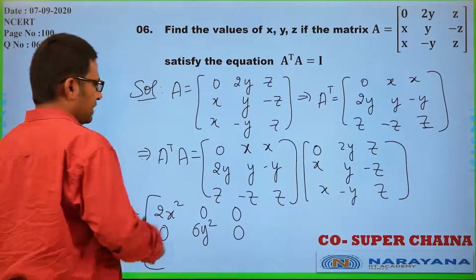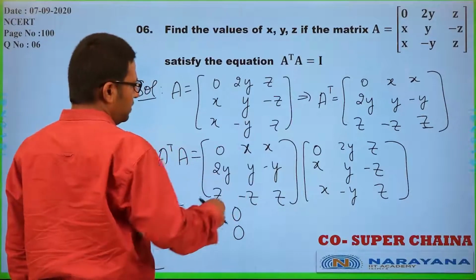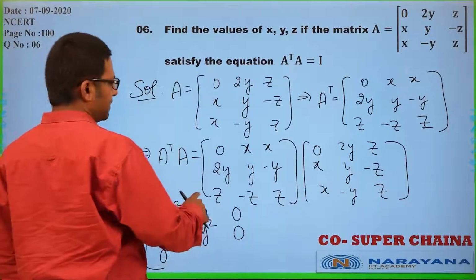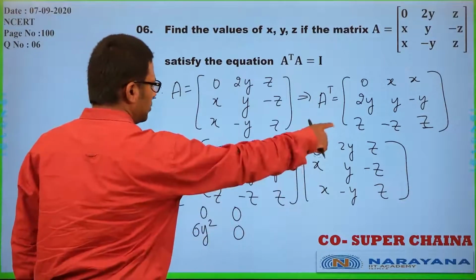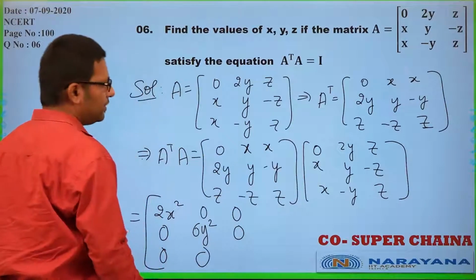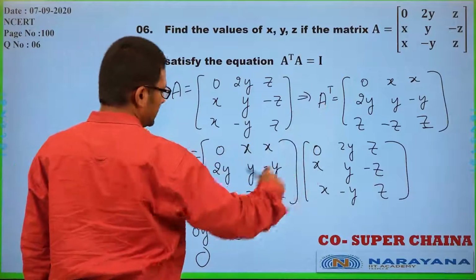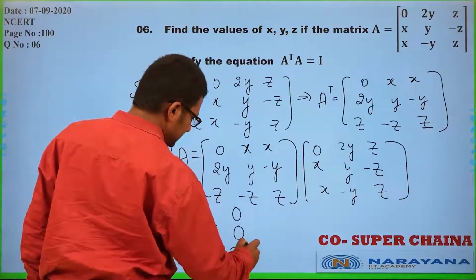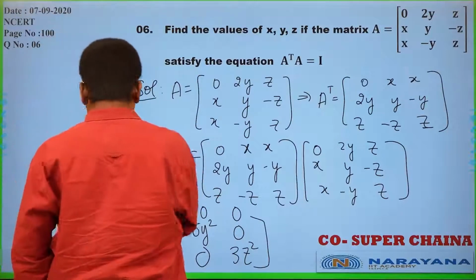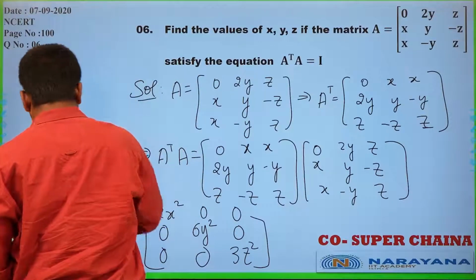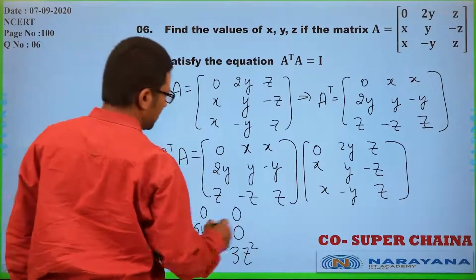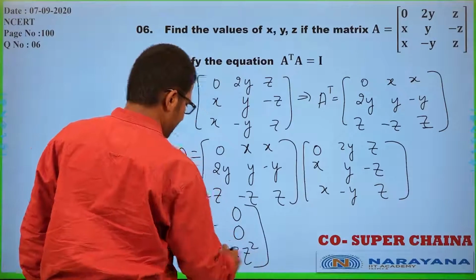Then z into 0, 0 minus xz minus x plus xz, so that is a 0. Then z into 2y, 2yz minus yz, that's again a 0. Then z square plus z square plus z square, 3z square. So this is A transpose into A. Right?